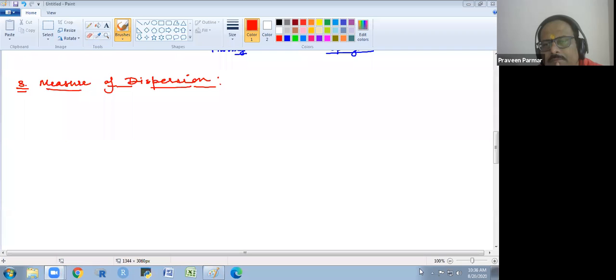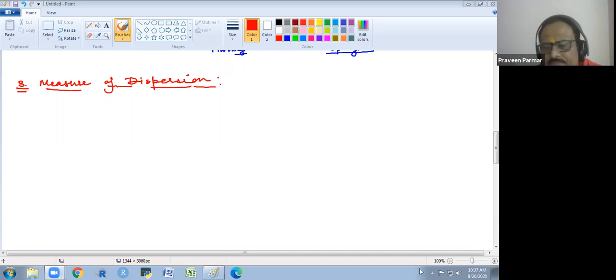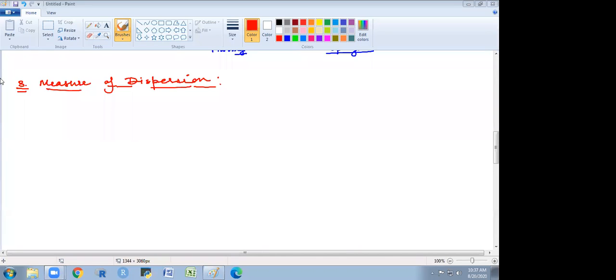Someone else want to say something about the dispersion? Okay, no problem. Akshay is correct, and Akshay is correct 50%.